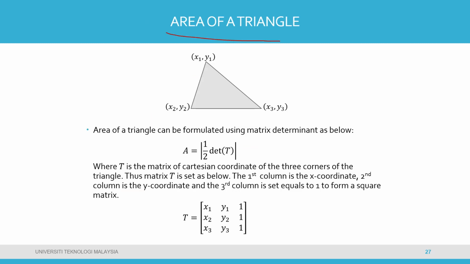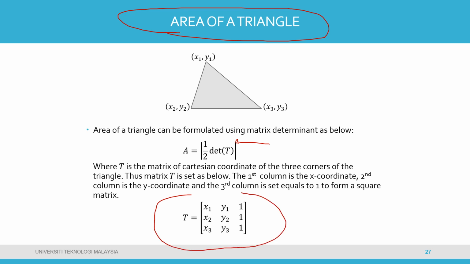So what is the function of using determinant? One of it is to find the area of a triangle. So you have the determinant, this one, divided by 2. So this is the formula. You have the xy location for 1, xy location for 2, xy location for 3, and the rest you put 1.